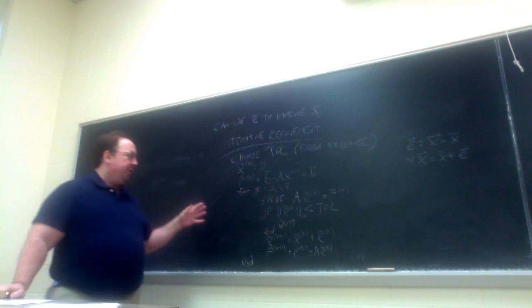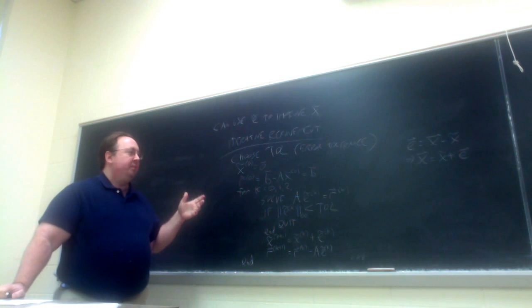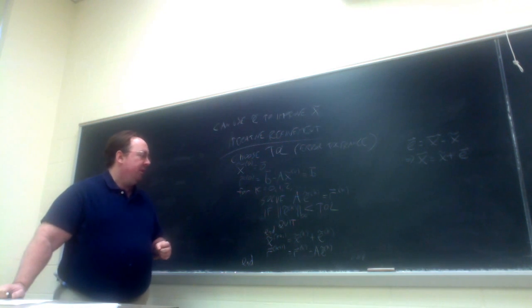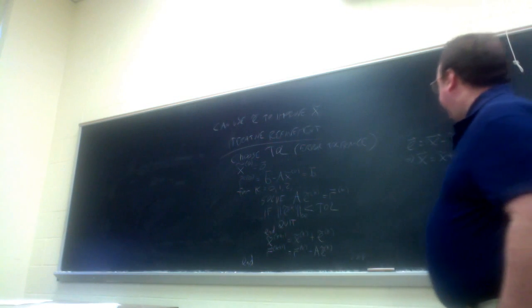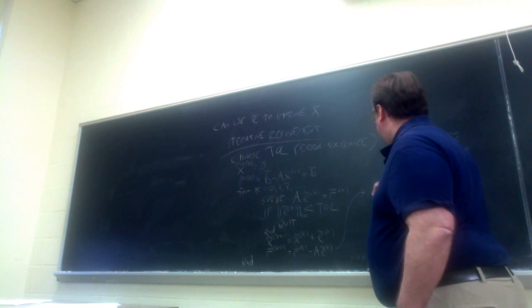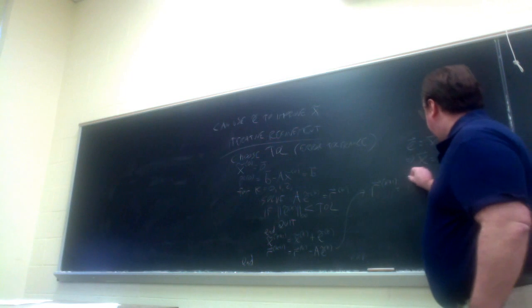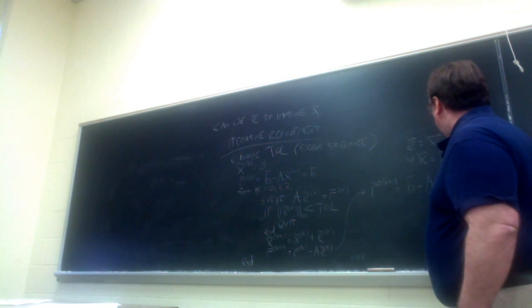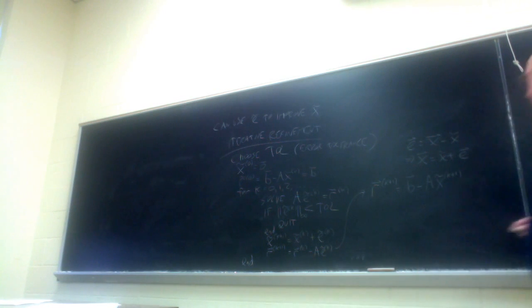This algorithm is going to play a central role in problem 3 on the homework. Now, as to why we do this, we use a definition that would just be b minus A x_{k+1}.